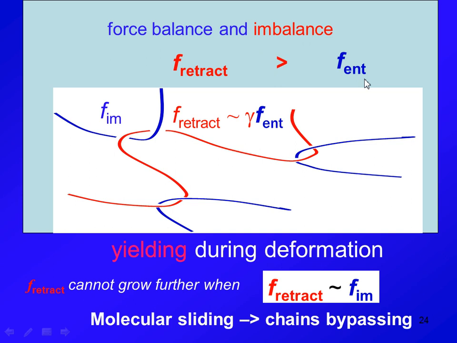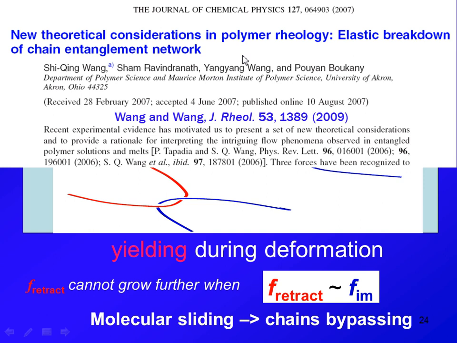And that allows the elastic retraction force to be much stronger upon shear cessation. And as a consequence, this elastic force could overcome this entropic barrier to achieve a phenomenon known as what we call elastic yielding, which is the movie you see where after shear cessation, the material breaks apart. I think there are two papers that describe this, a subsequent 2009 paper.